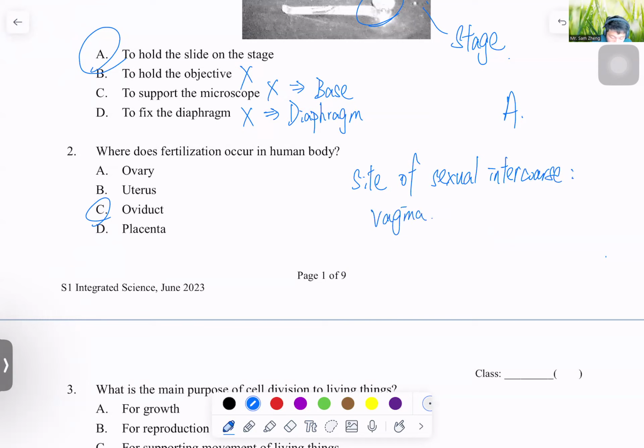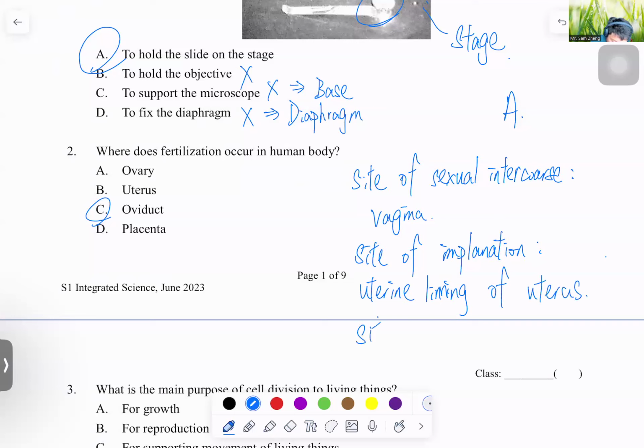And apart from that, the site of implantation of the zygote, or the embryo, would be the uterine lining of the uterus.